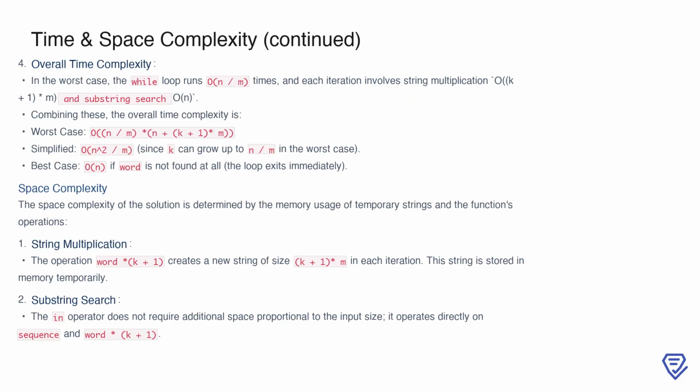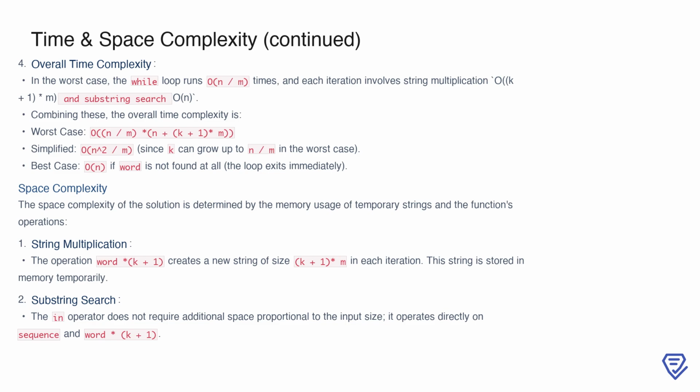Now let's consider the overall time complexity. In the worst case, the while loop executes n/m times. For each iteration, the operations include string multiplication, which takes k plus 1 asterisk m, and substring search, which we approximate as n.